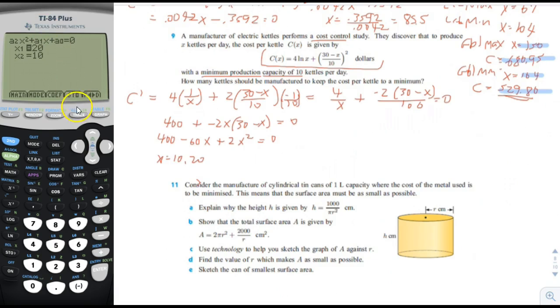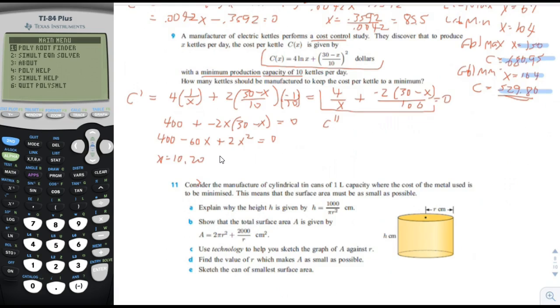So let's see, we could graph it, or we could take the second derivative. Let's take the second derivative. Okay, so the second derivative of this function here, oh my god, maybe this is a bad idea.